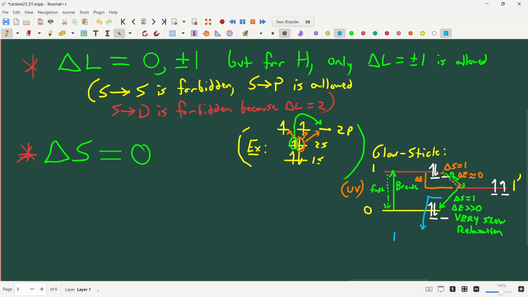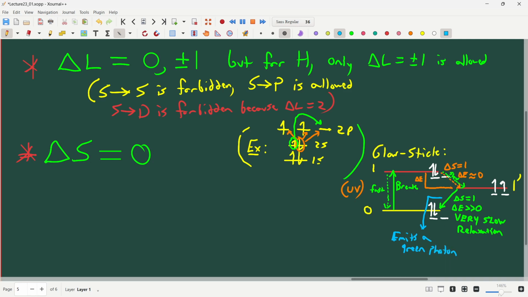So it emits a photon, a green photon. Right? So what you're doing is you're exciting your molecules and then slowly siphoning them into this trapped state, this intermediate state where they get trapped. That's lower in energy than the original excited state.